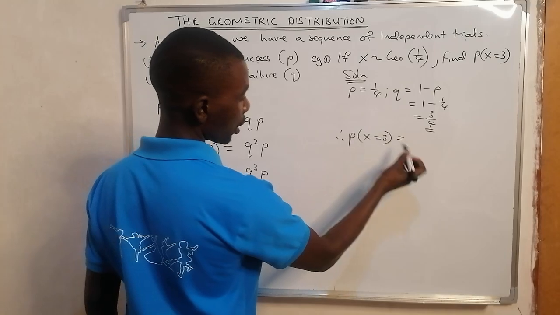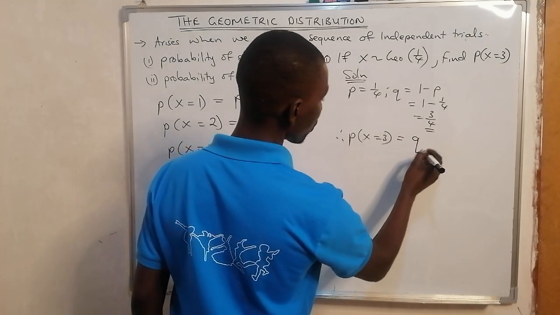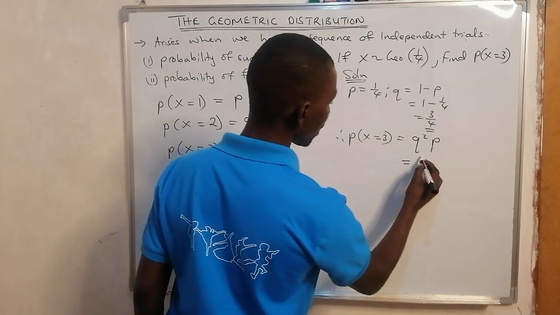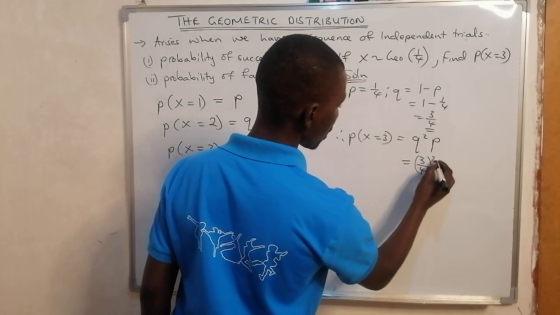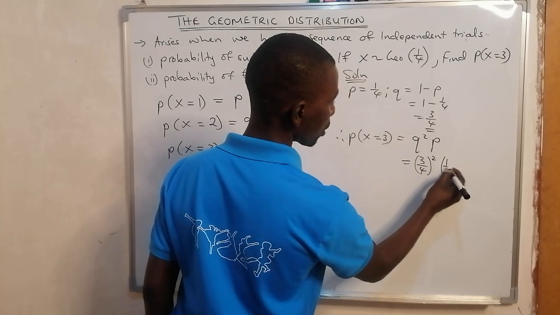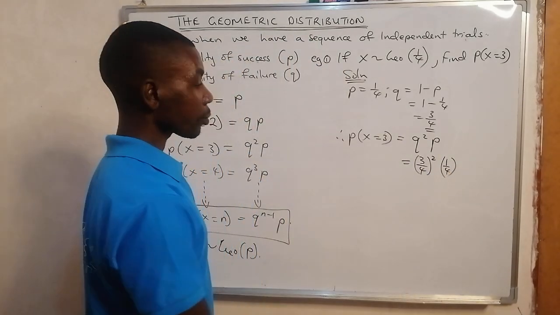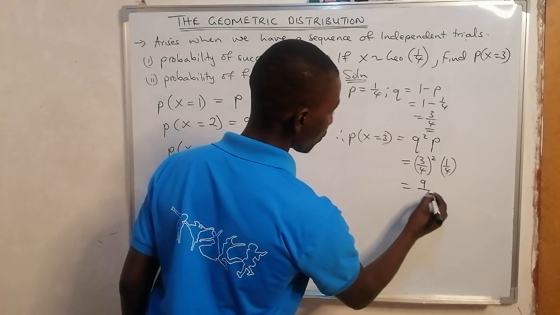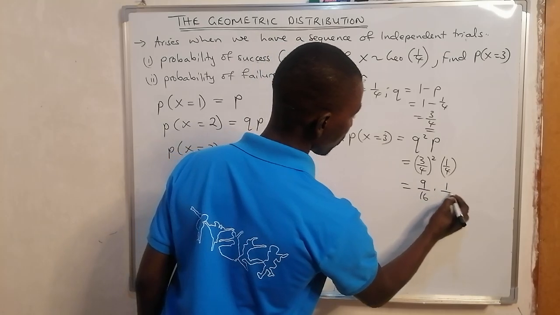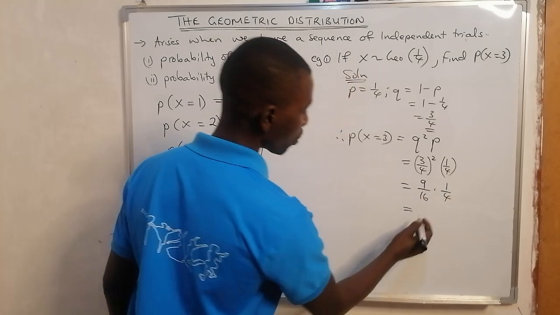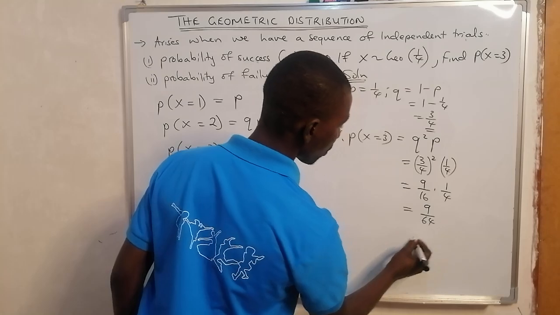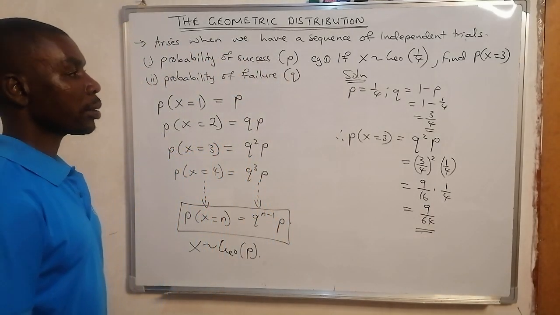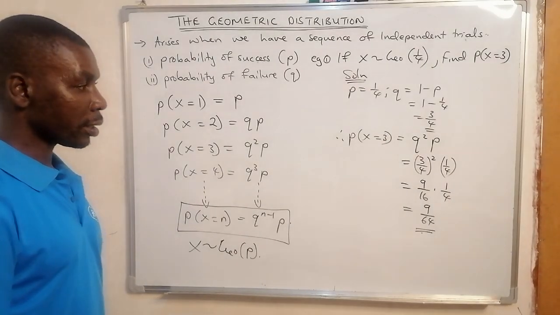We use Q to the power 2 times P, which is equal to our Q, remember, is 3 over 4 squared times P, which is 1 over 4, right? That will give us 3 over 4 squared, that's 9 over 16 times 1 over 4, which is equal to 9 over 64. So this is how we find P of x equals to 3, right?